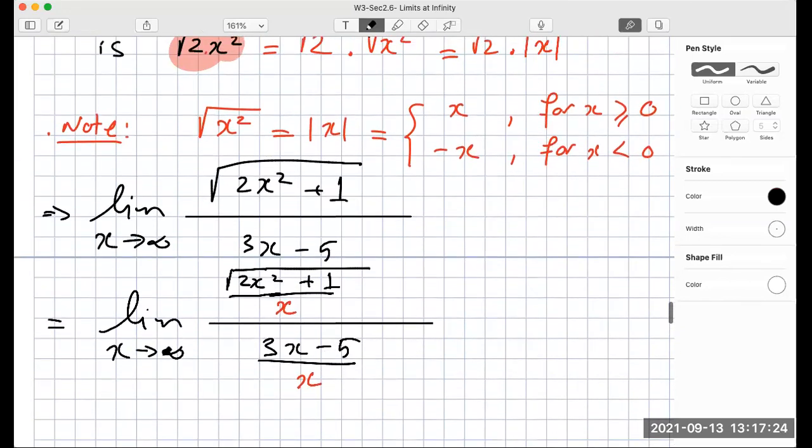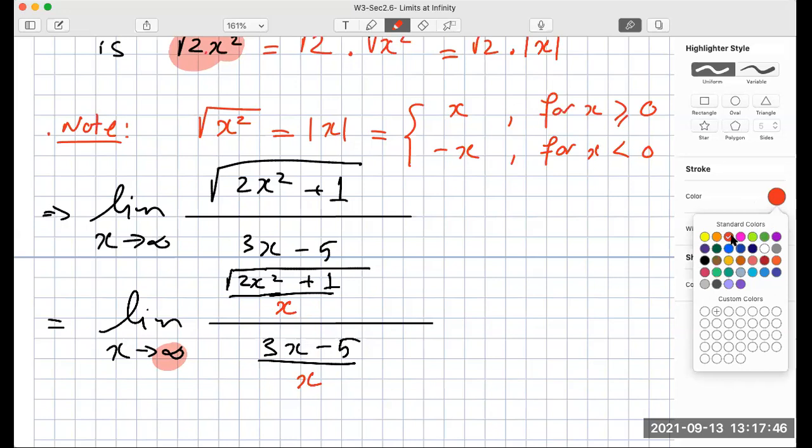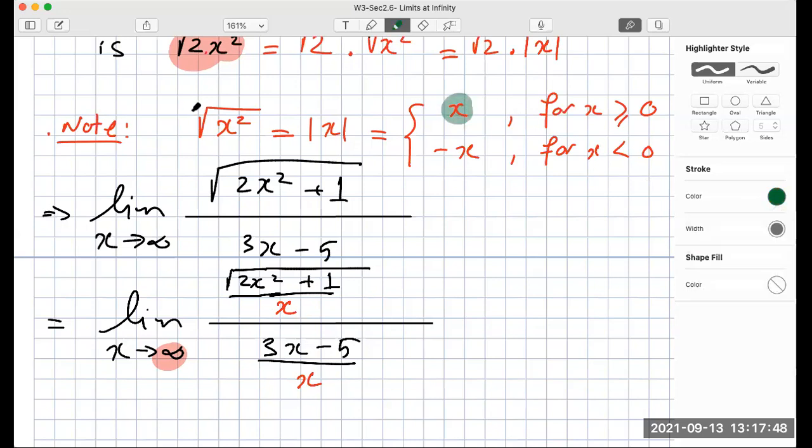Then, because we're computing the limit when x goes to infinity, in other words, x is positive, right? Then we can replace x by this guy. Is it okay? Replace x by square root of x squared. Do you all see what I mean here?